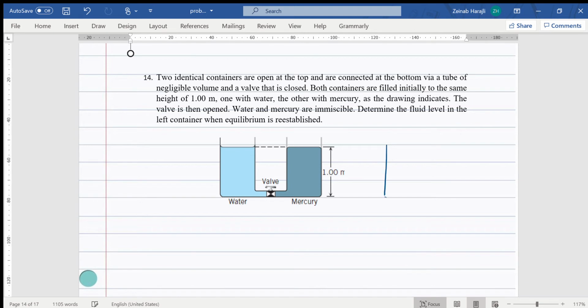So if we want to see the new scenario, now as we said, the tube connecting the two liquids has a negligible volume. So this is the mercury. It will flow towards the left container and push the water up.